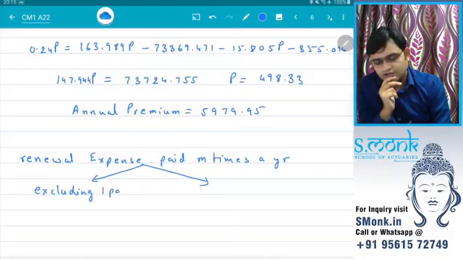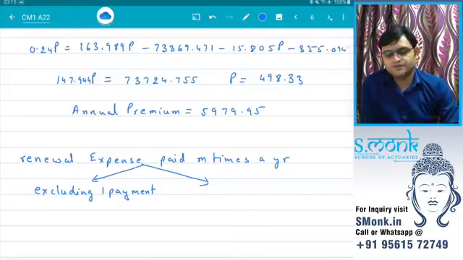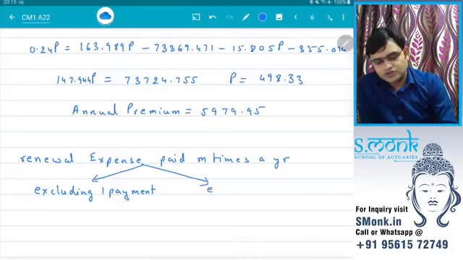One payment, excluding the first payment. Okay, excluding the first payment. And we might be excluding the entire first year, excluding first year.